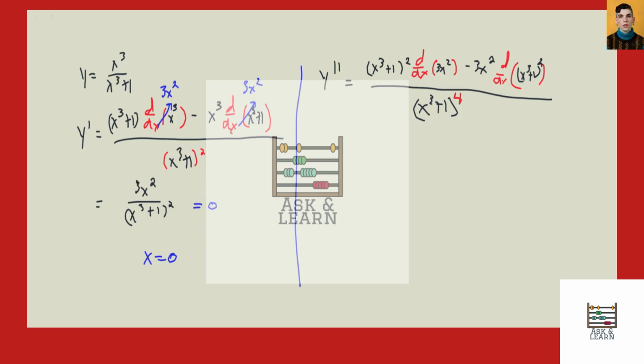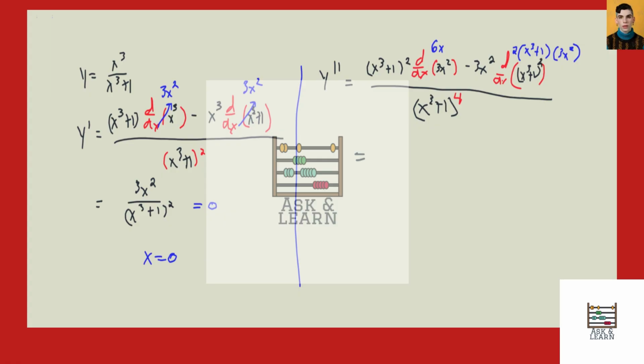So the derivative of 3x squared, we'll use power rule to take that derivative, so it'll be 6x. And to take the derivative of x cubed plus 1 squared, we're going to need to use power rule as well as chain rule. So first, using power rule, we get 2 times x cubed plus 1. And then taking the derivative of x cubed plus 1 will be 3x squared.